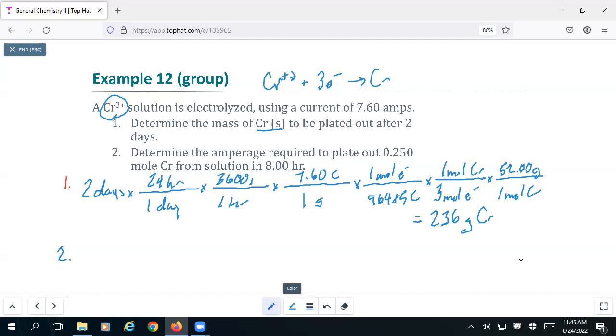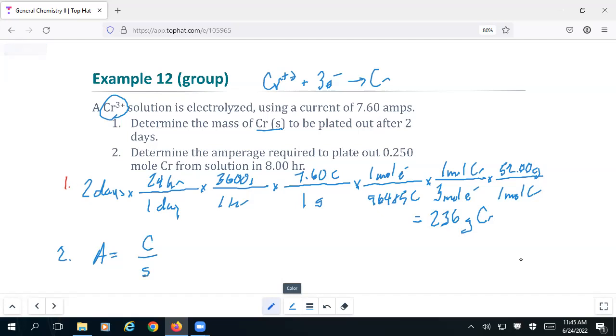For the second one, this is going to require a little bit more thought because we're basically solving for an interior step. We need to know separately the number of coulombs that are going to be required and the amount of time. That's how we're going to get amps. So amps are equal to coulombs over seconds.